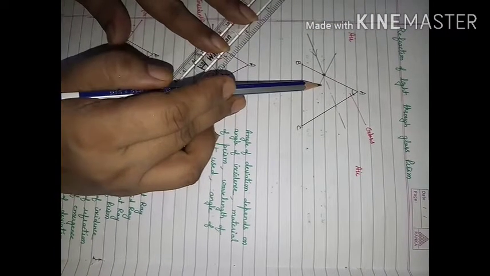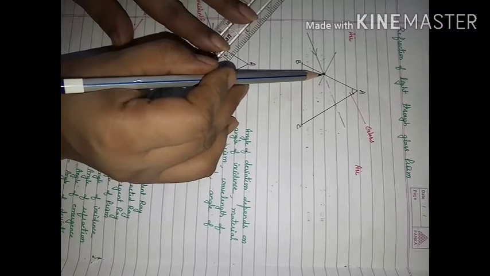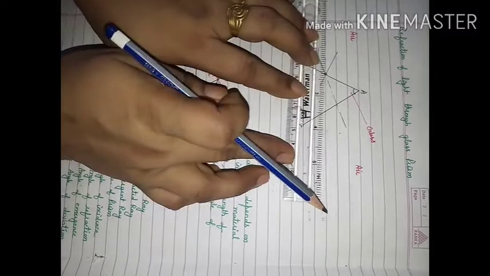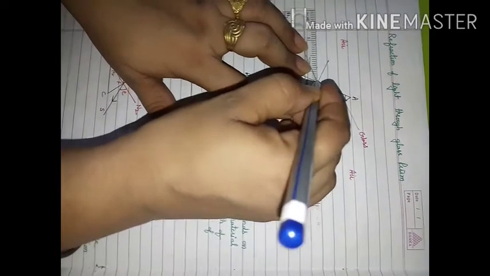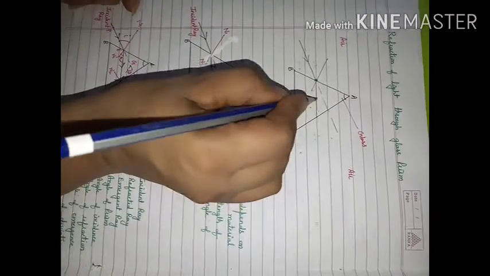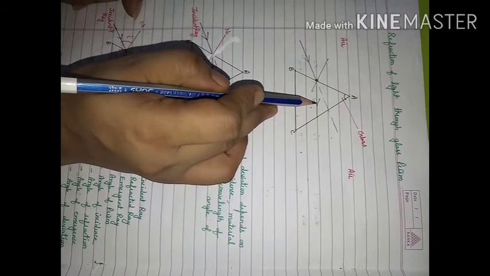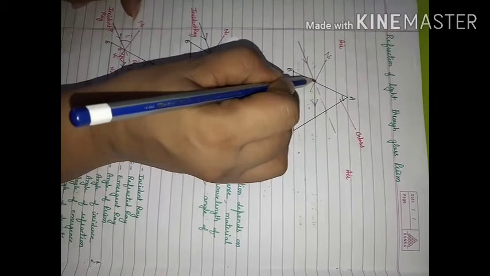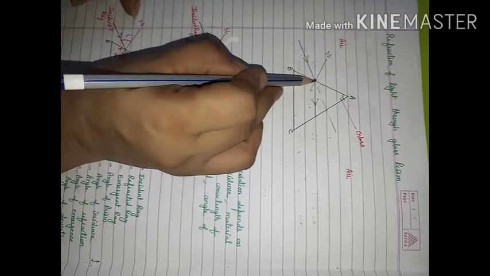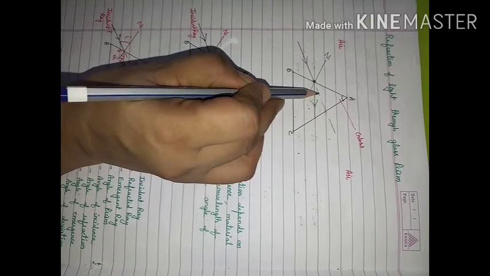It will move towards the normal, so let us consider this is going to deviate from its path. So this is the incident ray, this is the refracted ray, and this is the normal at this point. So at this point, path of ray of light is deviated by this angle.